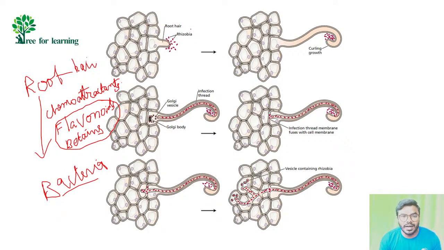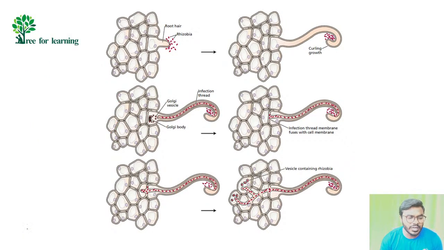These chemicals will go and activate the nodD gene in the bacteria. Now all the students follow me. The bacteria present in the soil, I will re-explain, don't worry, will come and attach to the root hair. This is the difficult point.